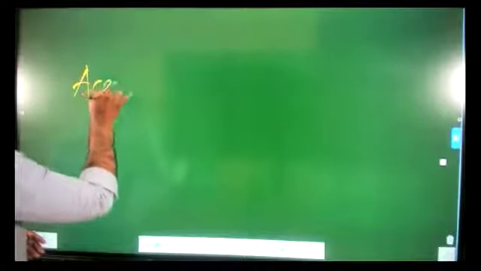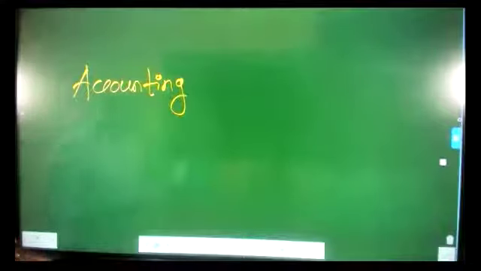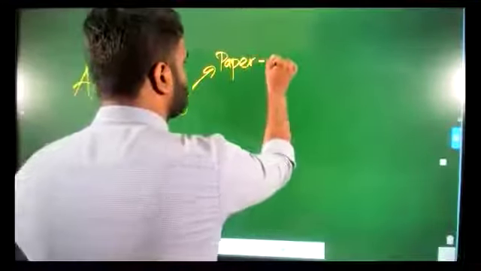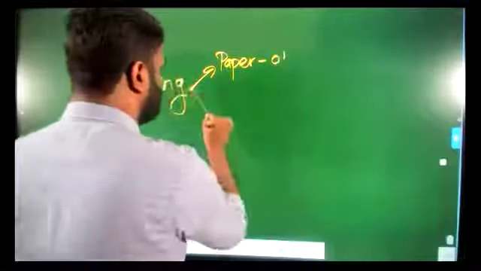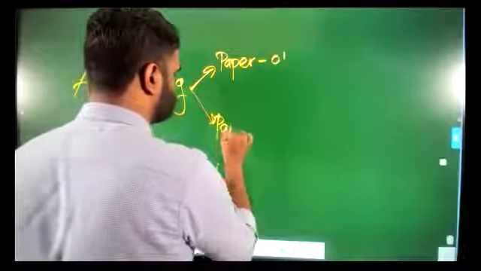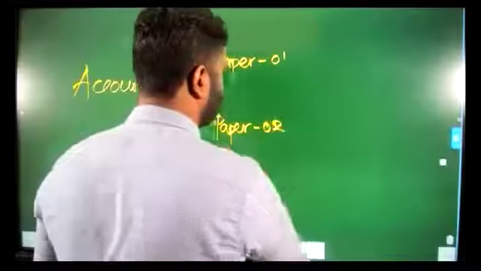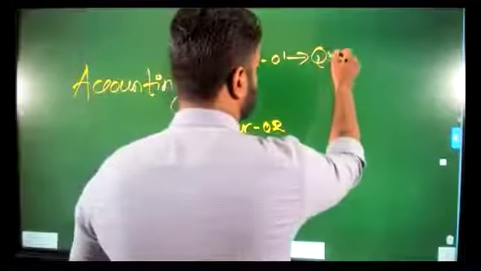This accounting paper gives you 400 marks, right? 400 marks for paper 1 and paper 2. Paper 1 has compulsory 50 questions.